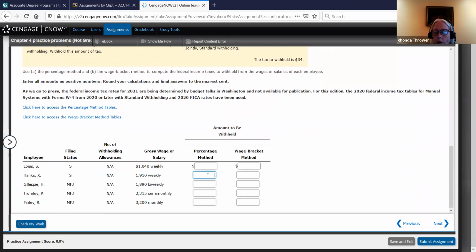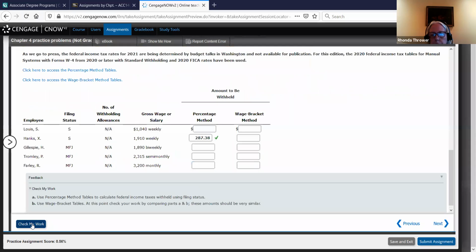And we were working on Hank's, and the amount that we came up with from the Excel spreadsheet that I prepared was 287.38. Then, in order to calculate the wage bracket method, we have to use the wage bracket tables.